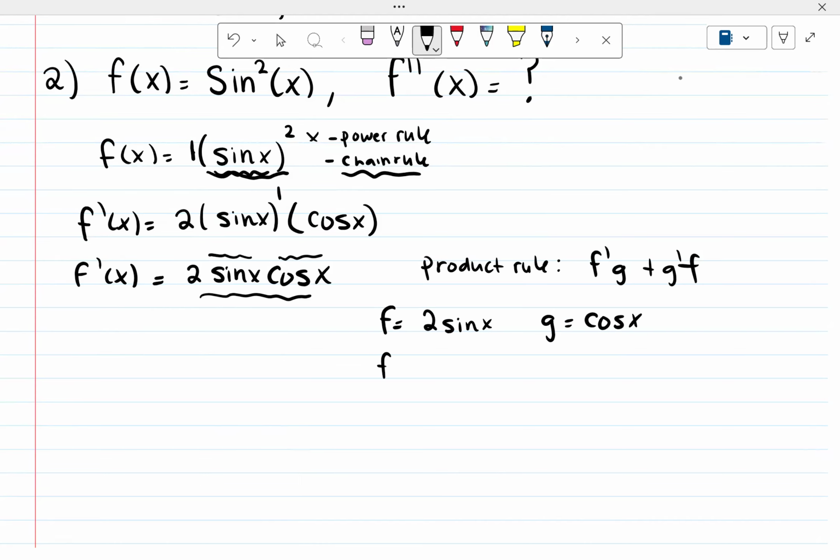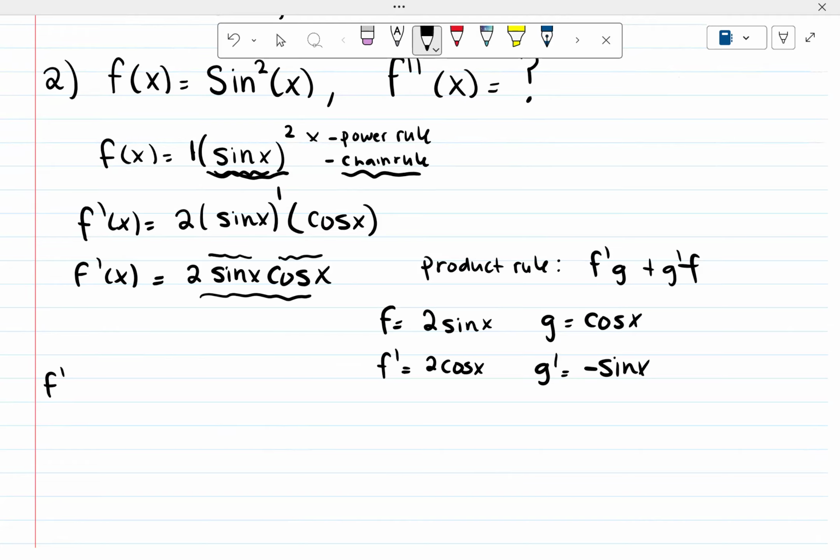So f prime: what is the derivative of 2 sine of x? It'll be 2 cosine of x. What is the derivative of cosine of x? It is negative sine of x. Okay, so we have everything we need.